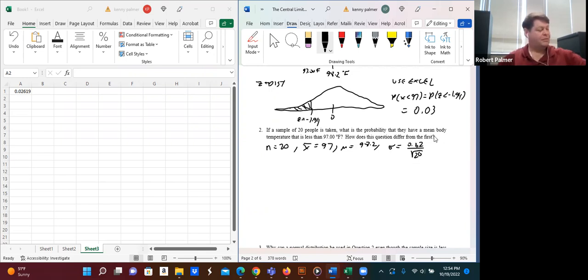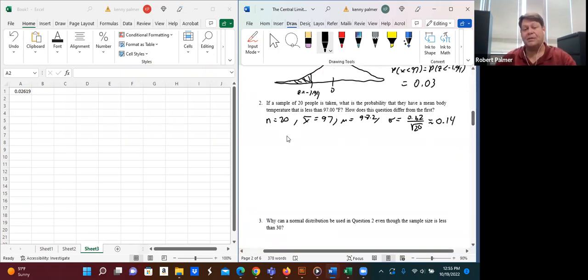So let's do that. 0.62 divided by the square root of 20. Depending on how you round, it might be slightly different, but that's going to be about 0.14, about a fourth. So the standard deviation is much smaller.